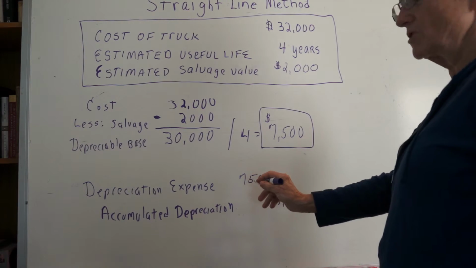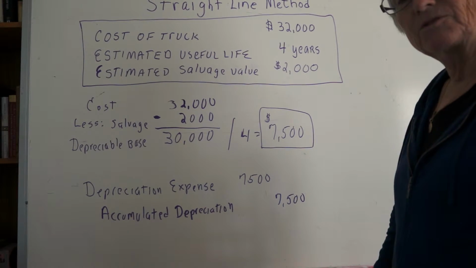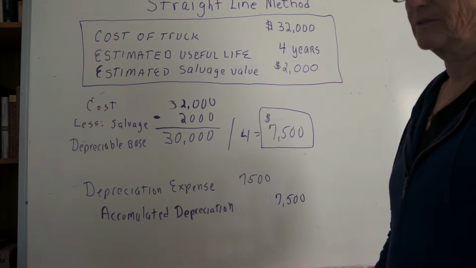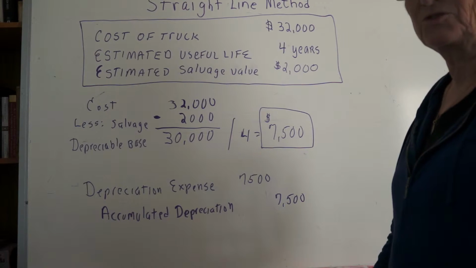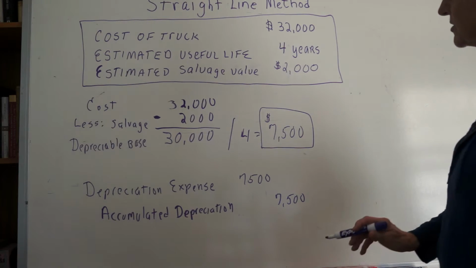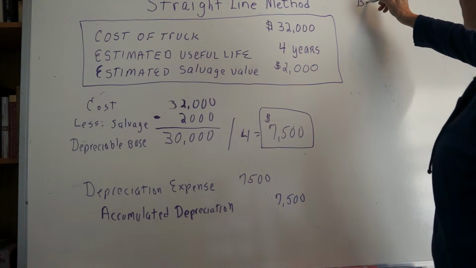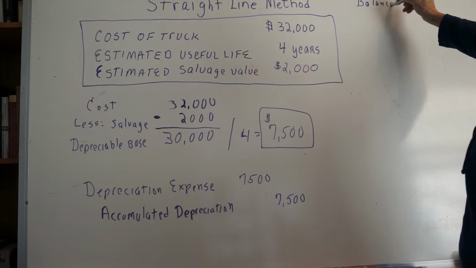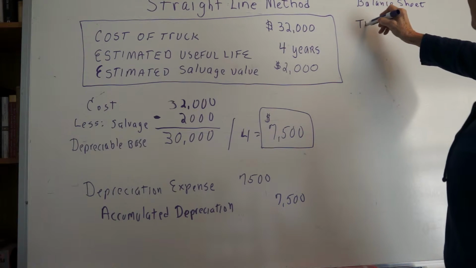Okay, so depreciation expense is going to be reported on your income statement as an operating expense, just like utilities and rent and everything, because it essentially helped generate the revenue for this period. Accumulated depreciation shows up on the balance sheet. So on the company's balance sheet, you're going to have the account truck.